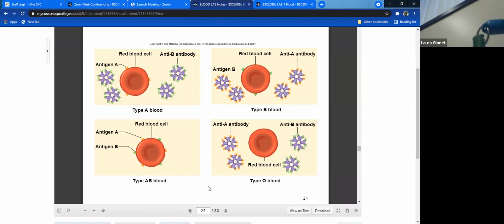Now, this is where this other video is pretty good because he takes some of these A antibodies and B antibodies and he throws them into the plasma surrounding AB blood. And then you can see how the A antibody can bind to an A antigen, or a B antibody can bind to a B antigen.